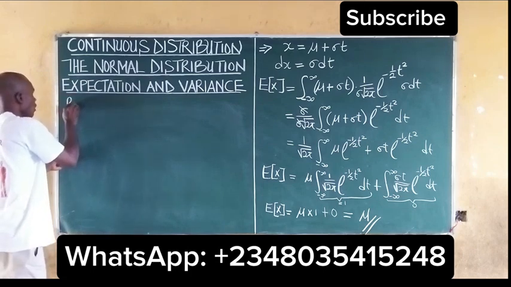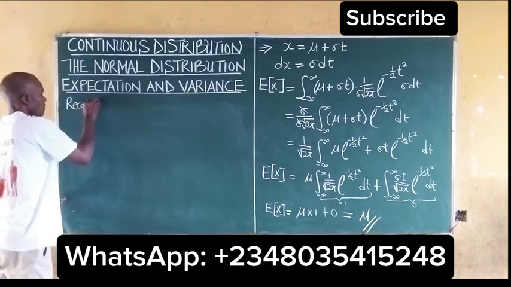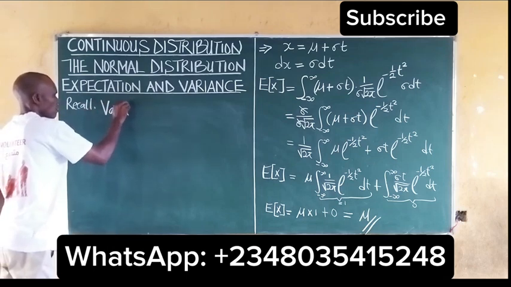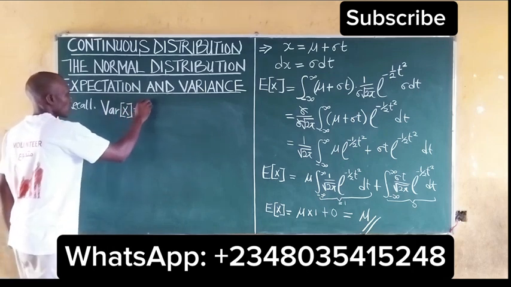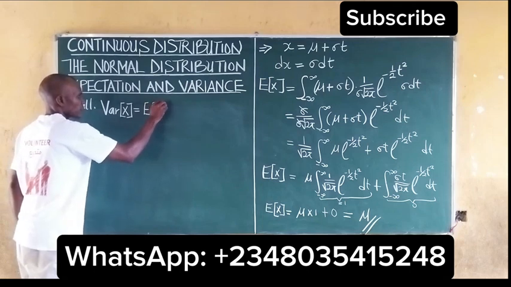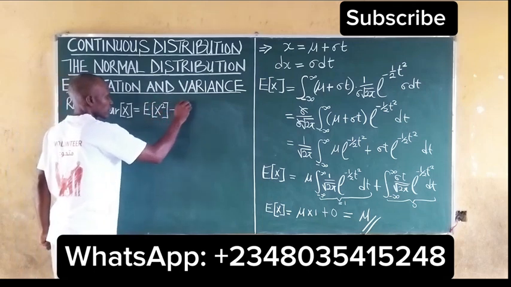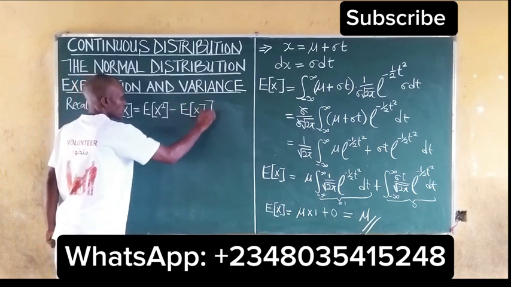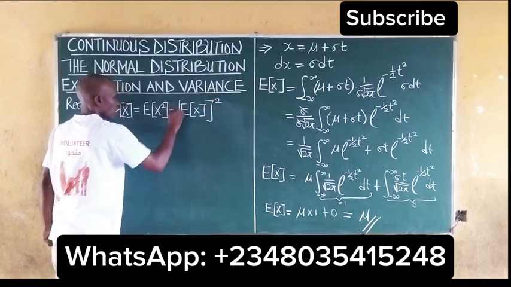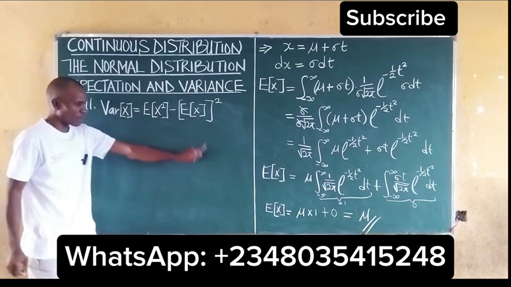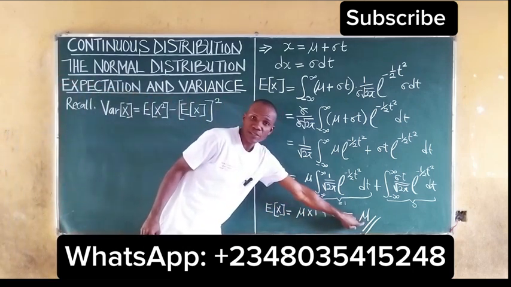Of course, we should recall that the variance of x is equal to the expected value of x squared minus the expected value of x all squared. We should know that the expected value of x is equal to mu.